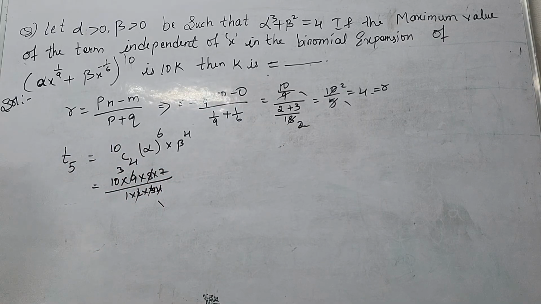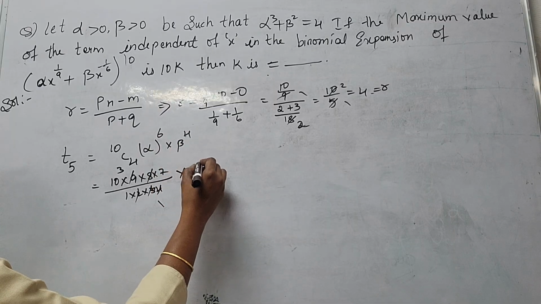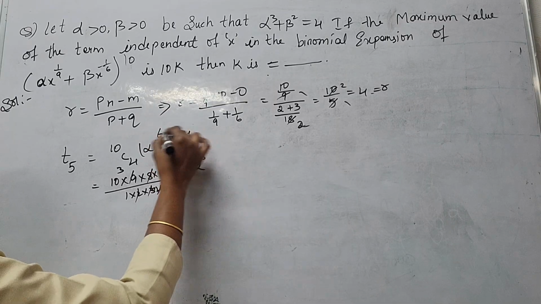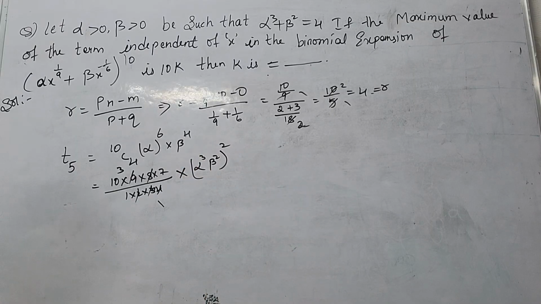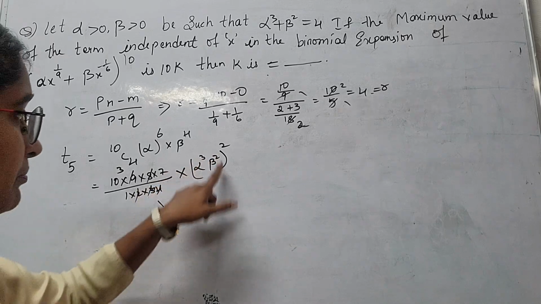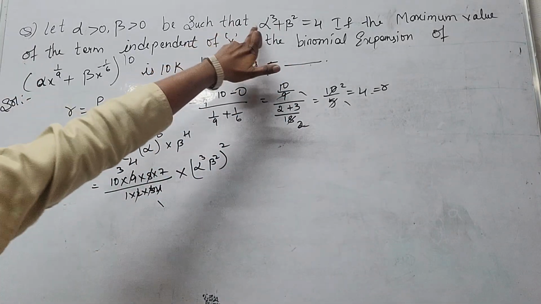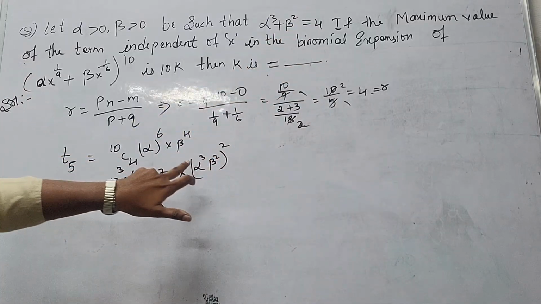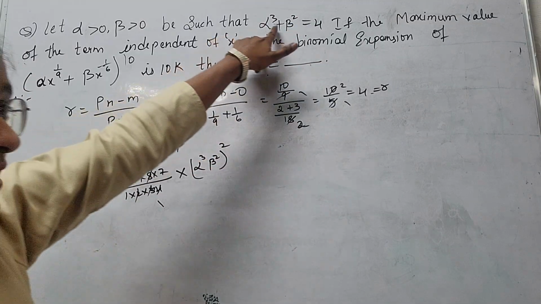Okay, then what else here? Here if I take alpha cube and beta square, I'll take 2 as common, whole square. Okay, now alpha cube and beta square matches this, right? Powers are alpha cube and beta square, and this is alpha cube and beta square. So this is in multiplication, this is in addition.